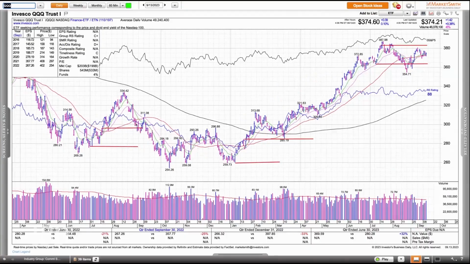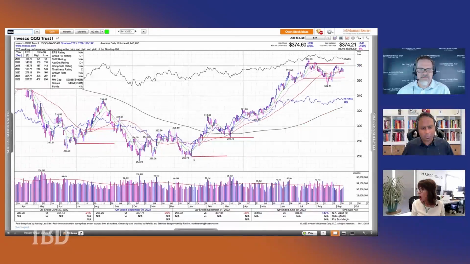It broke back down underneath that 6-month calendar range high, back under the 6-month calendar range low, and then really spent the rest of the year, until the very end of December when people were really nervous about what was going to happen in 2023, in between that range.